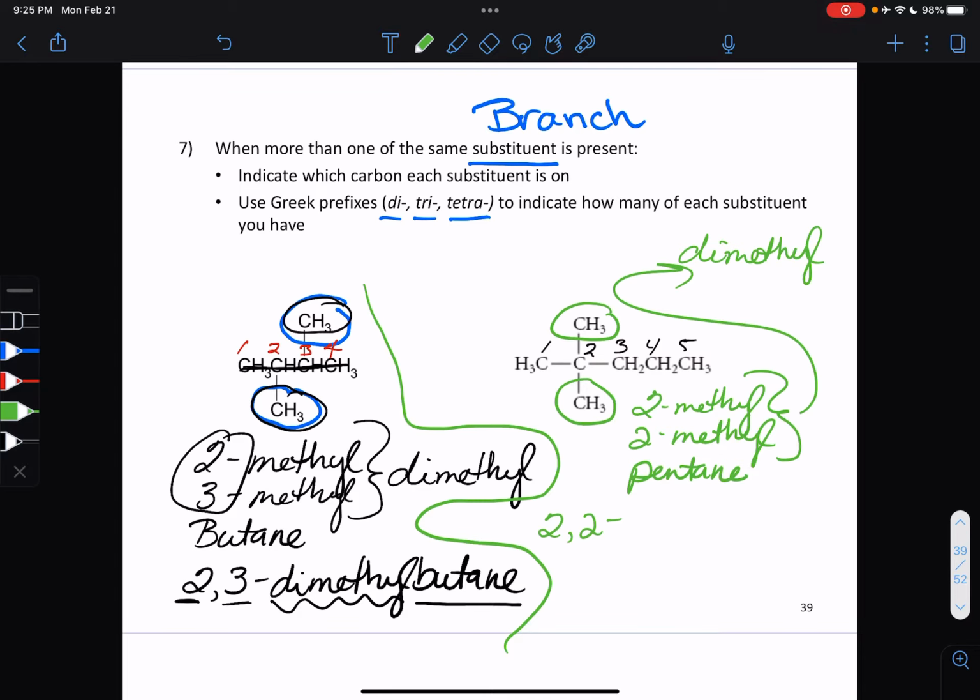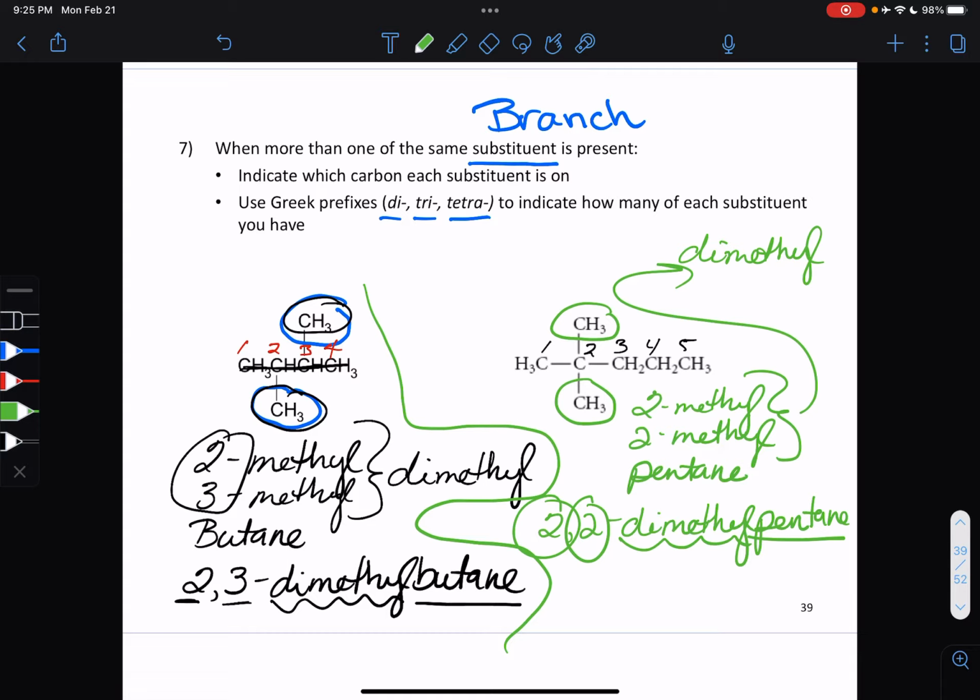That's just kind of redundant, but you have to do it that way. So we have 2,2-dimethylpentane. So you've got a 5-carbon parent chain, and you have 2 methyls hanging off of it. Where are those methyls located? They are both located on carbon 2.